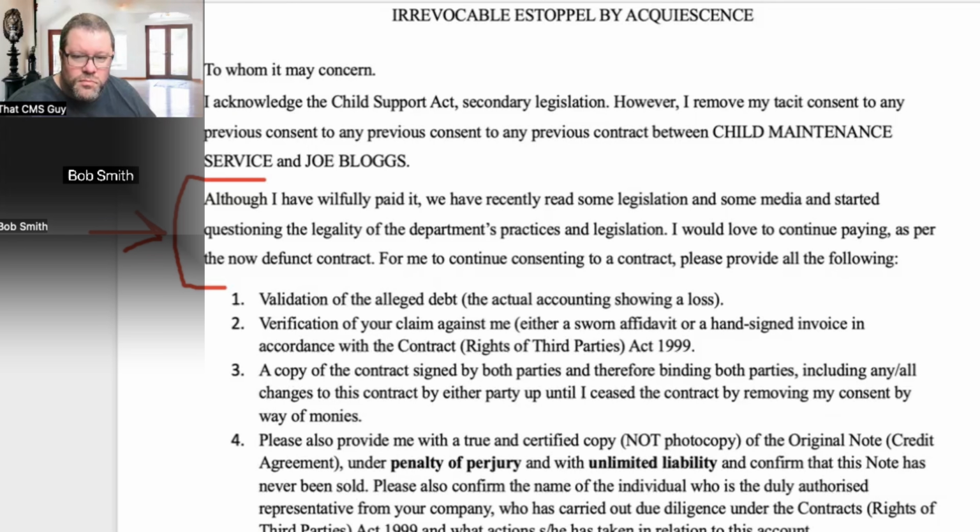If any of that stuff's happened, put it in there. Yeah, I did. I put the fact that I'd lost work because of it, because my health had suffered. Yeah, there you go, my mental health. Anything connected to how the CMS have interacted with you and caused you harm, put it in there.